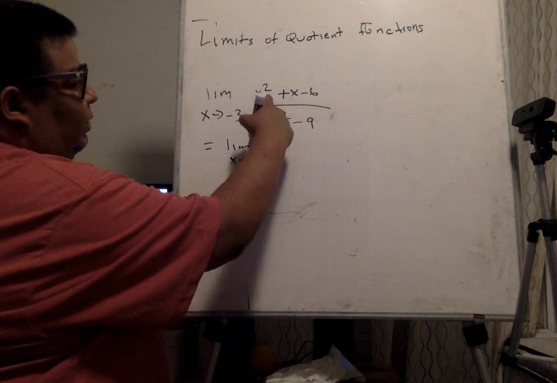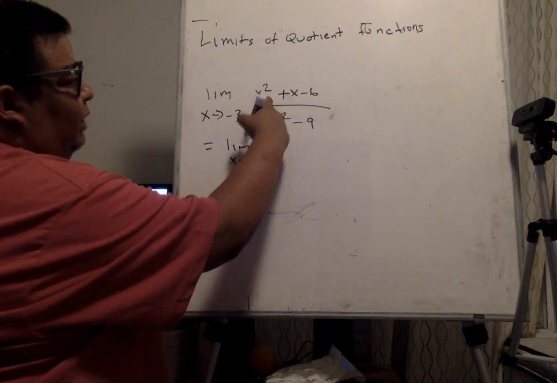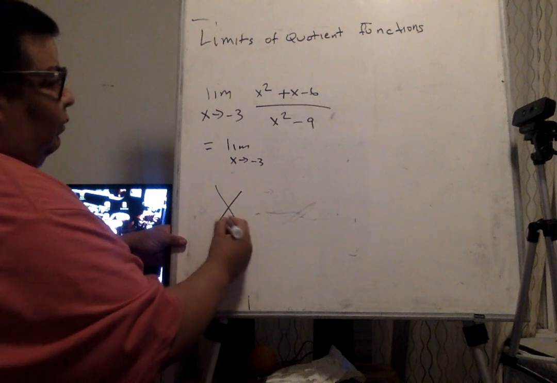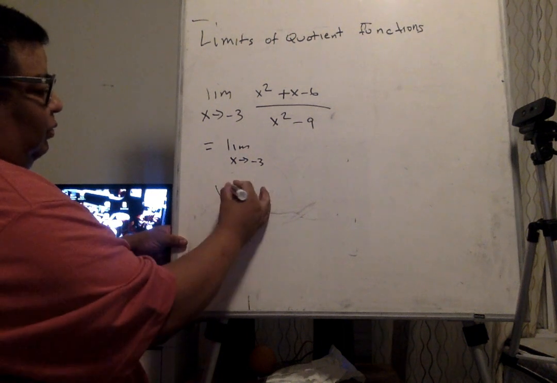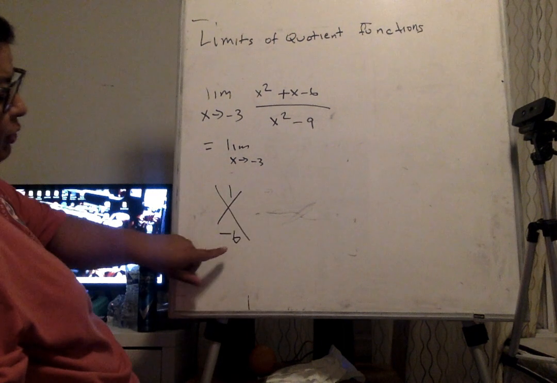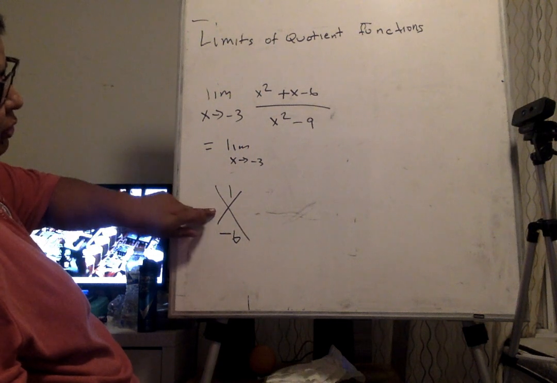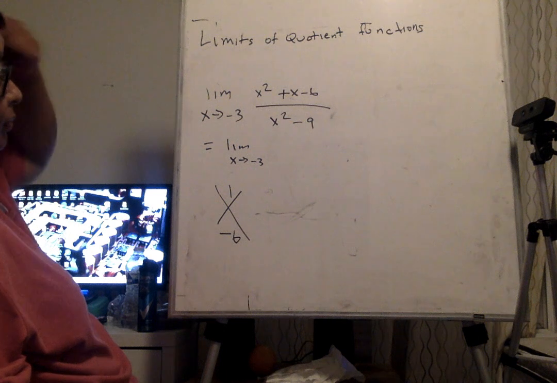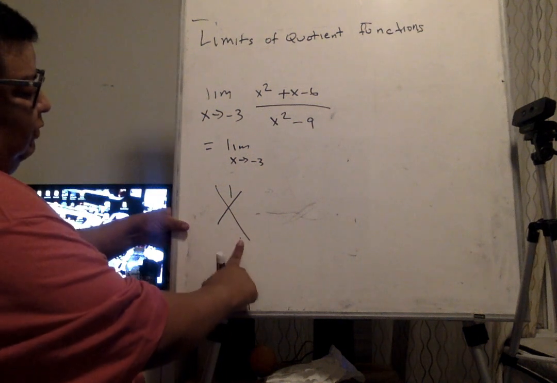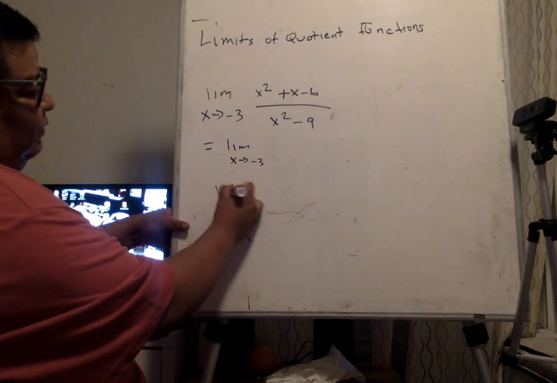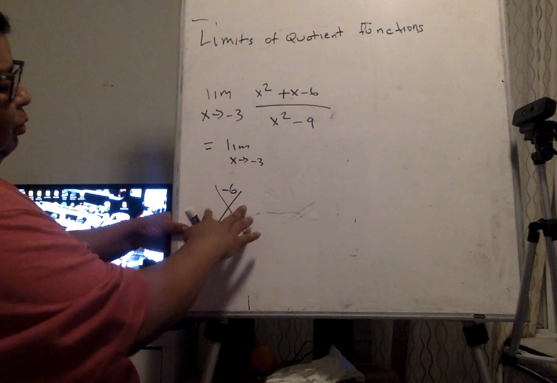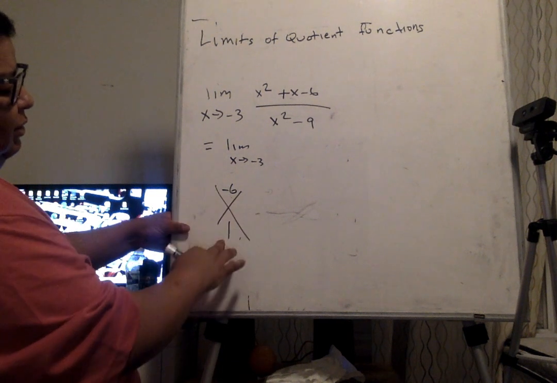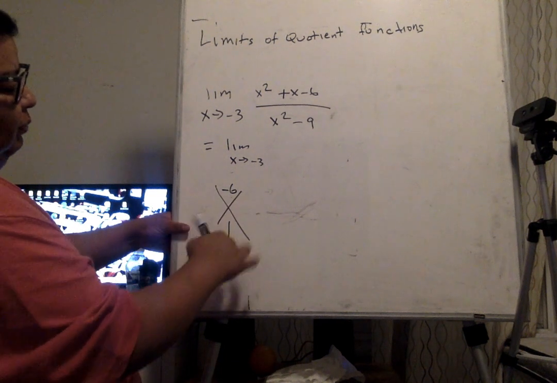Let's do this one by the x method. -6 on the bottom, 1 on top. So we need to find two numbers that, multiplied together, give me -6, and added give you 1.